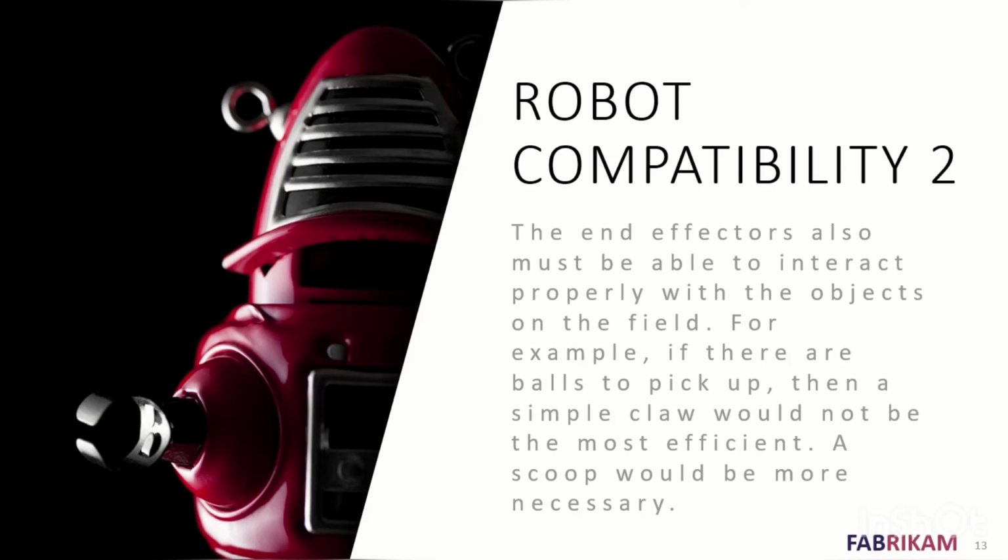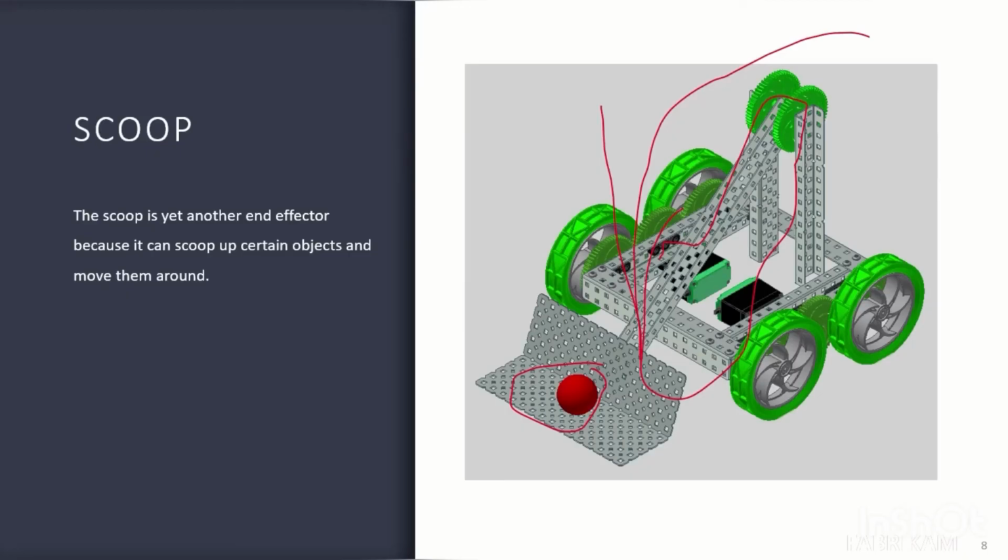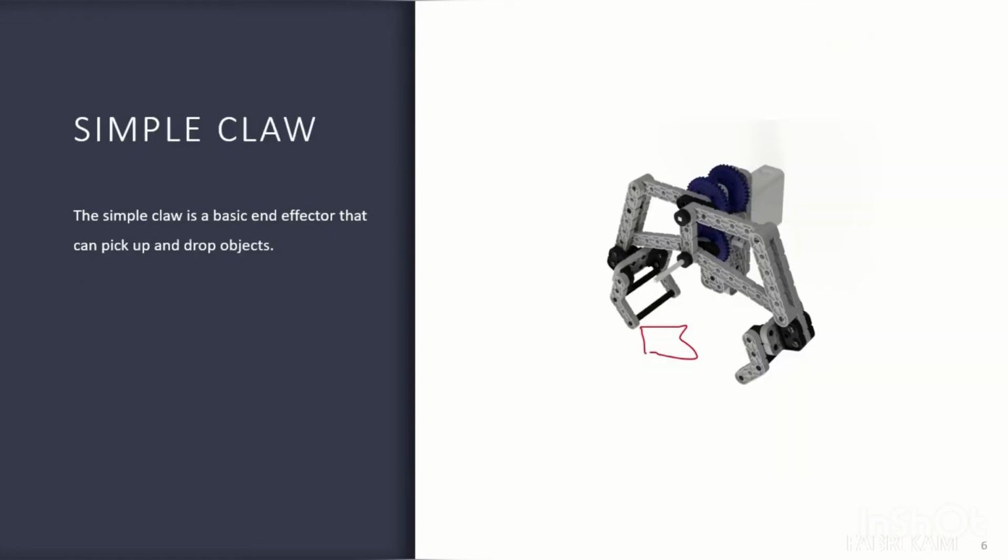Robot compatibility number 2 is that the end effectors must also be able to interact properly with the objects on the field. For example, if there are spheres and balls to pick up, then a simple claw would not be the most efficient. A scoop would probably be more necessary, like over here, than something like this to pick up a sphere.